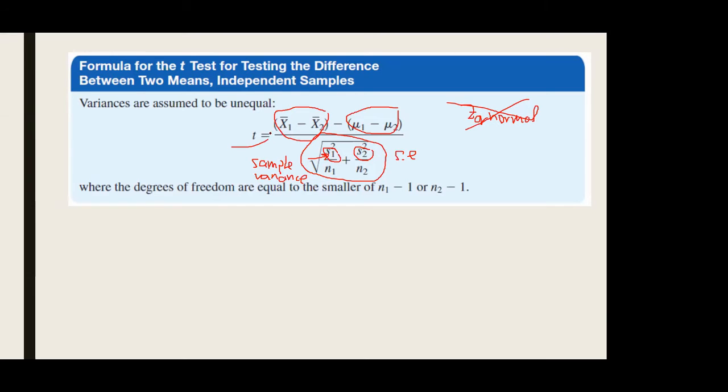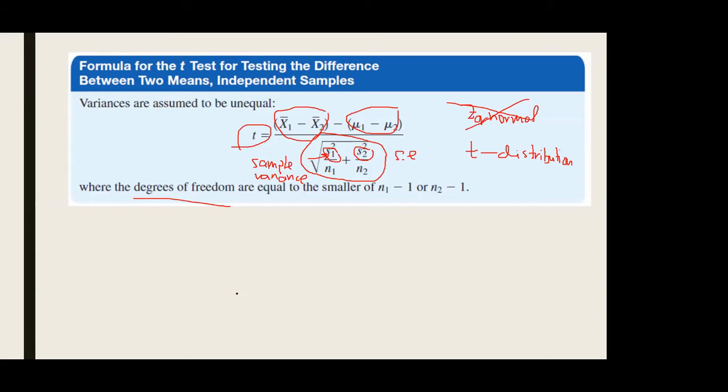We use the t distribution. And the t distribution has one parameter, okay? And that is called the degree of freedom. Yan yung parameter ng ating t-distribution.